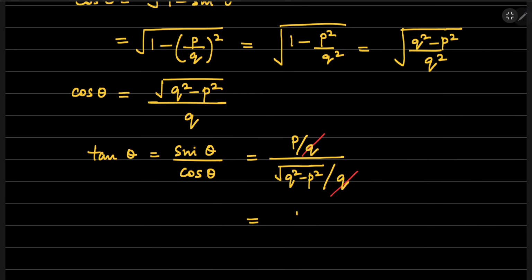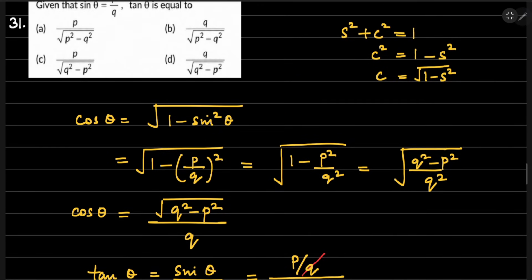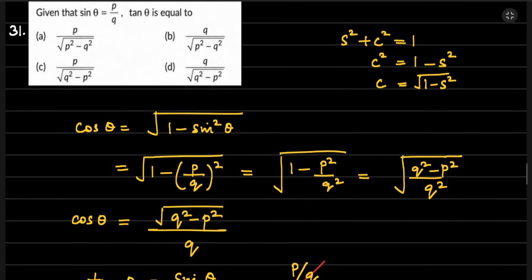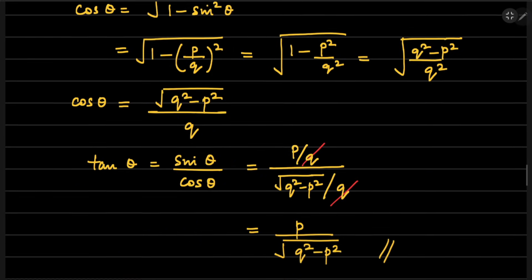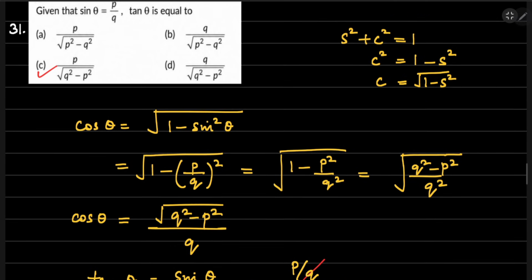So the answer will be P divided by root of Q square minus P square. That's your answer. P divided by root of Q square minus P square is the correct answer. Option number C.